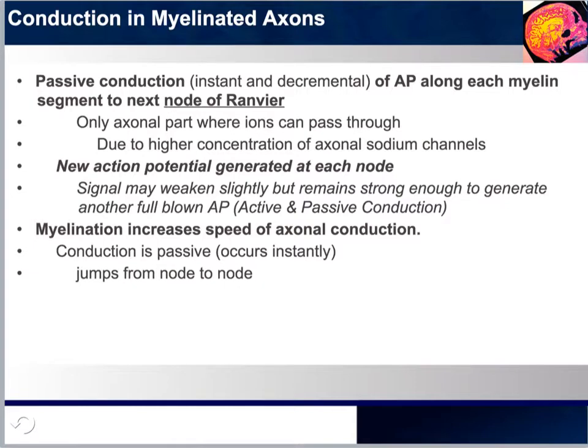So again, please note that along the myelinated pockets, we have passive conduction, and at each node, we have an active conduction of the action potential. Overall, myelination increases the speed of axonal conduction, and again, the conduction is a passive one, meaning it only occurs instantly, and it cruises down thereafter, jumping from node to node.